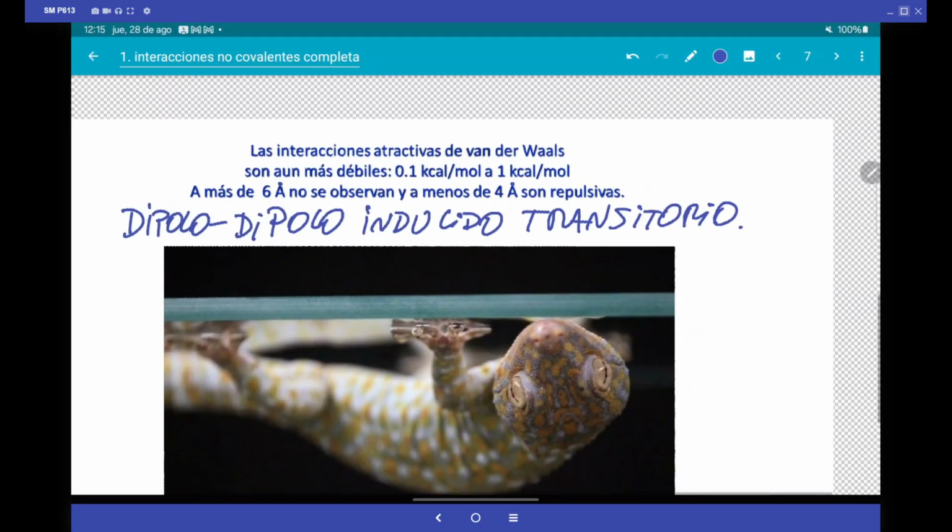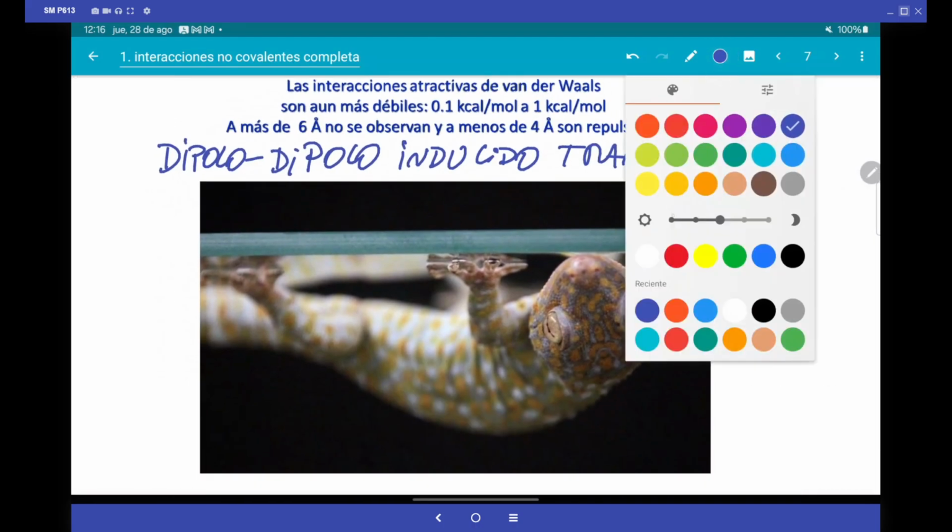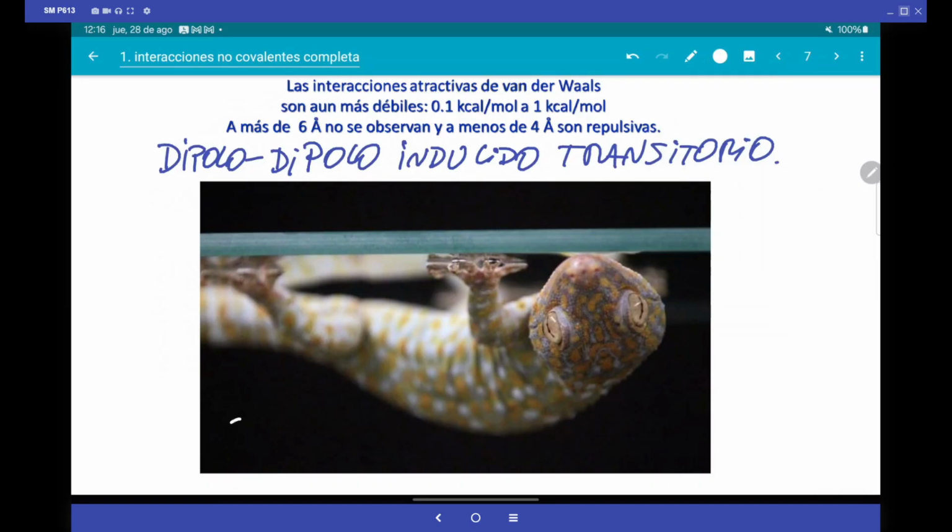What is the name of that amphibian? That is there, very well. That animal, the image is not inverted, but this animal has the particularity of being able to adhere to any surface, even an inverted glass, through interactions of van der Waals. As far as it is known, that surface of the animal's skin does so with any other surface.